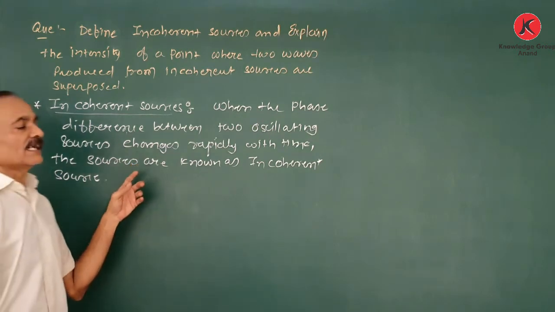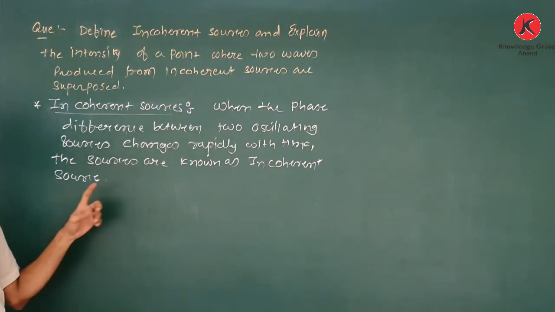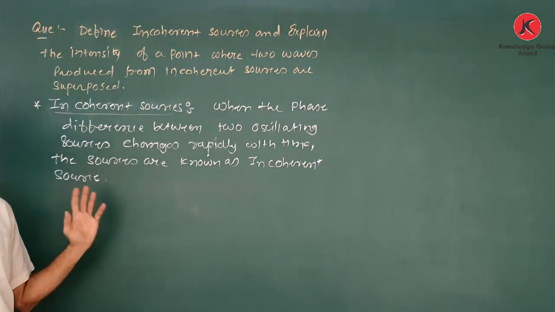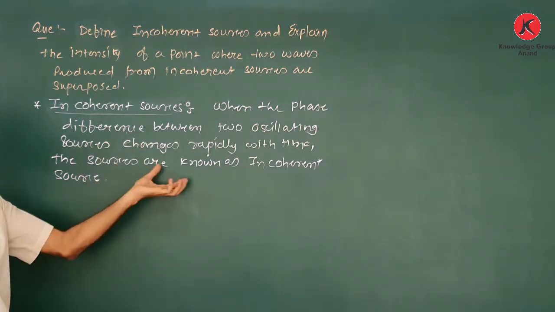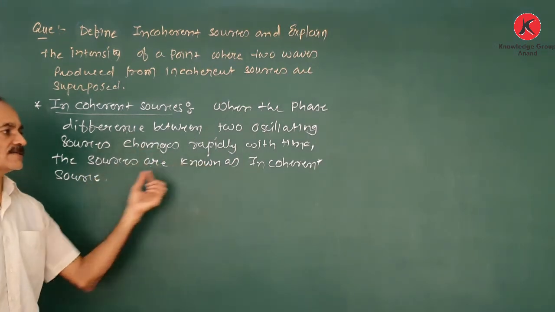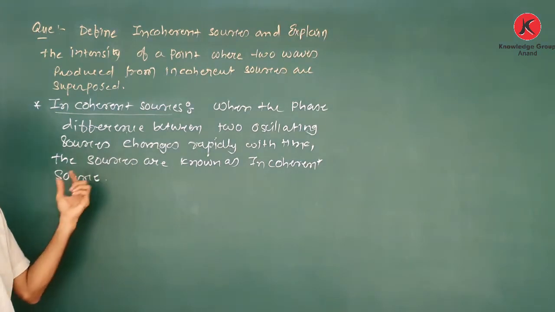Now here, the intensities are added to each other when the waves of two incoherent sources are superposed.